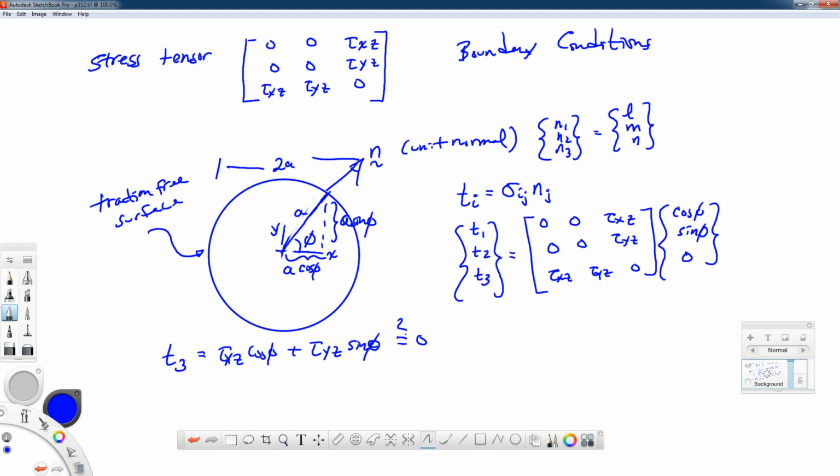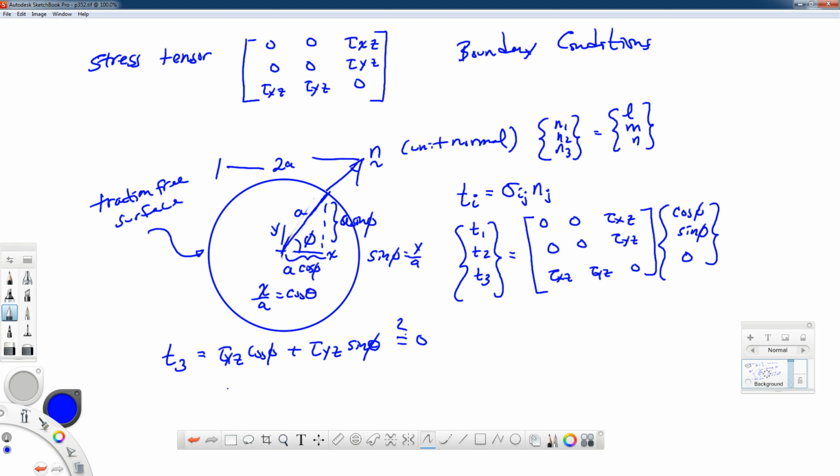Alright, well, cosine phi is equal to x over a. Sine phi is equal to y over a. And we have our expressions from the previous page for tau xz and for tau yz.